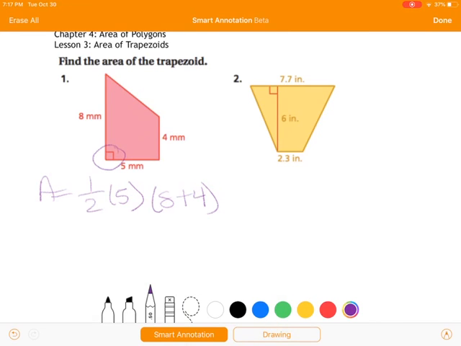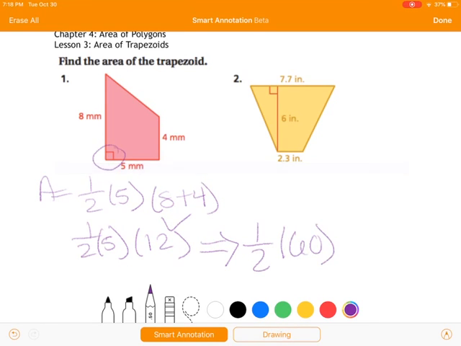Okay, so again, 1/2 of 5 is not going to be a whole number, so I'm going to go ahead and add this 8 and 4 first. So we have 1/2 of 5 times 8 plus 4, which is 12. And if some of you know already off the top of your head, 5 times 12 is going to be an even number. 5 times 12 is actually 60, so we have 1/2 of 60, which is a lot easier than doing 1/2 of 5 times 12, which you could do if you wanted to.